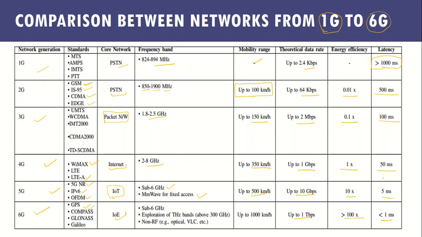In 6G, if latency is reduced, then data rates increase. So we can make an idea of how fast 6G will be, and how much data rate we can achieve when we use 6G in our mobiles.